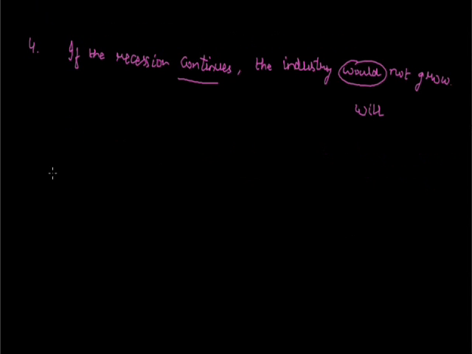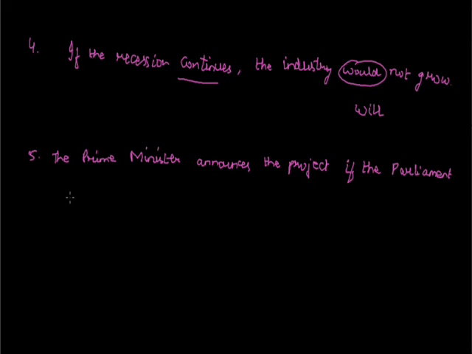That is the possible condition. So our next sentence is, the PM announces the project, the Prime Minister announces the project if the Parliament approves it.